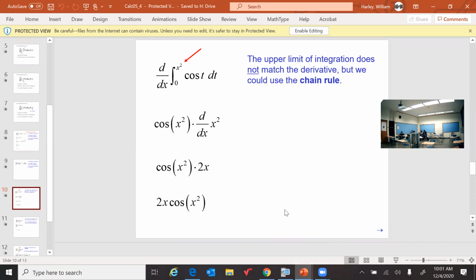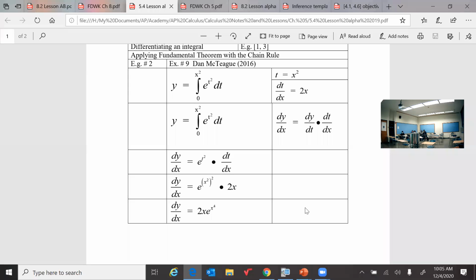Okay, so I'm leaving that up there. That is example 2 in your book. That's your model. You go to problem number 9, please.